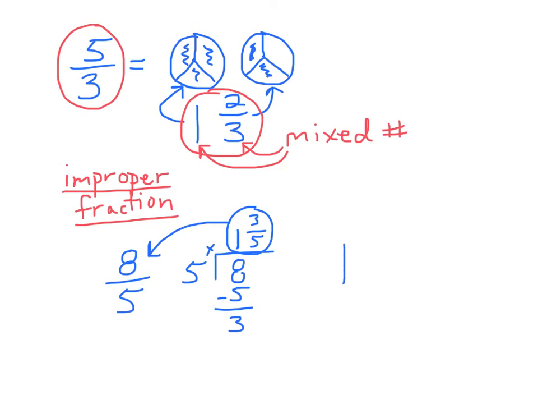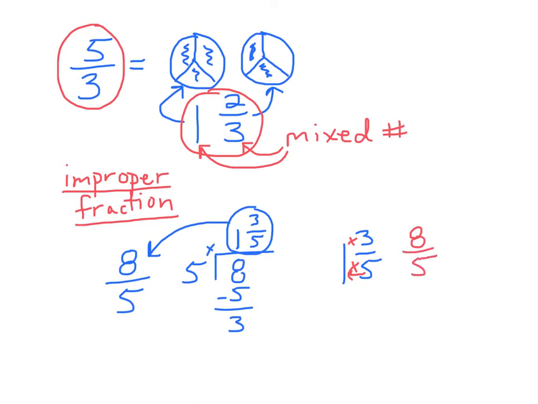If I was given the mixed number 1 and 3/5 and I wanted to change it to an improper fraction, perhaps you remember that one way to go about doing that is to multiply the 5 times the 1 and get 5, add the 3 to get your 8, and keep the same denominator.